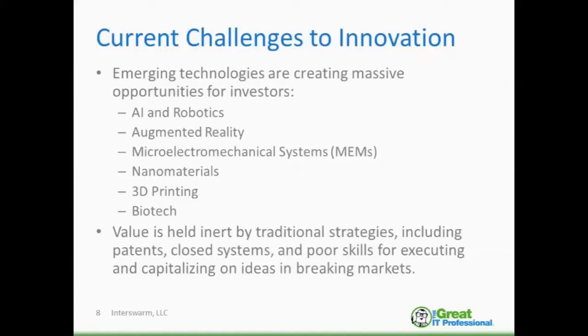So if we can hoard certain kinds of information and then build our products on it, then we get a leg up, and we get to sell more, we create barriers to entry, that sort of thing. But at this point, my argument is that patents, closed systems and poor skills are the result of that failure to capitalize on ideas, and especially in markets that are just breaking open. We're not going to be able to do it that traditional way anymore.